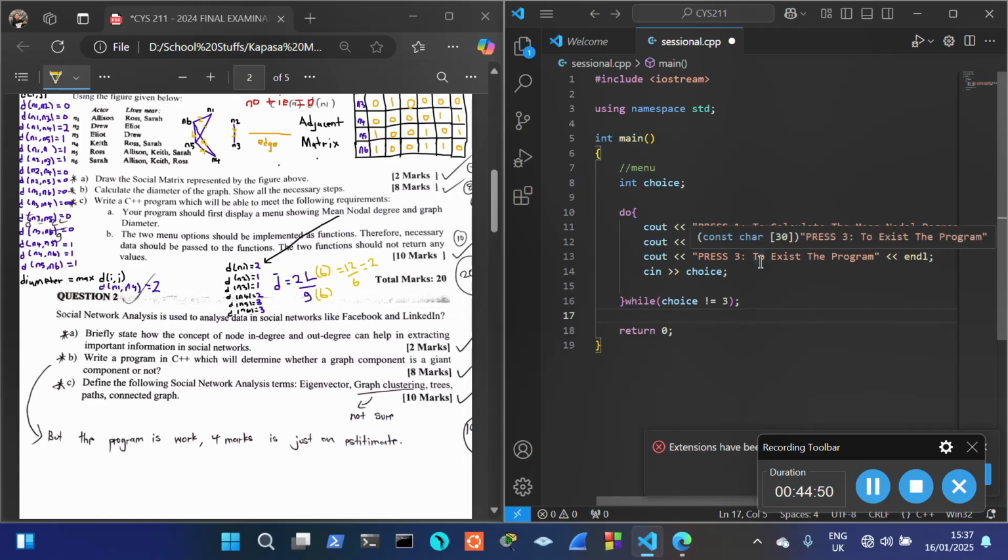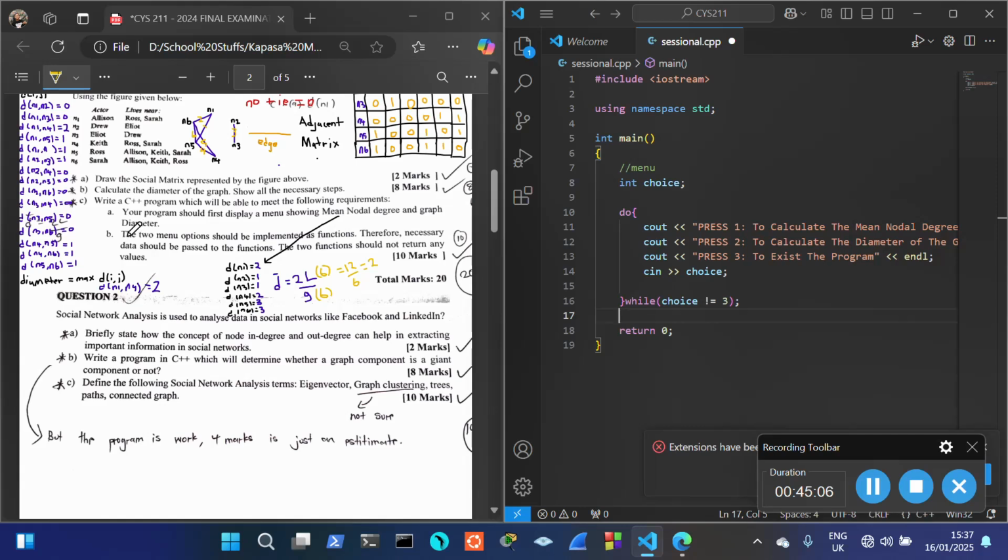And we are saying to exit, press 3, okay? So this is the meaning. Now, since we've answered the first question, which says your program should first display the menu showing the mean nodal degree and diameter, here we are done.